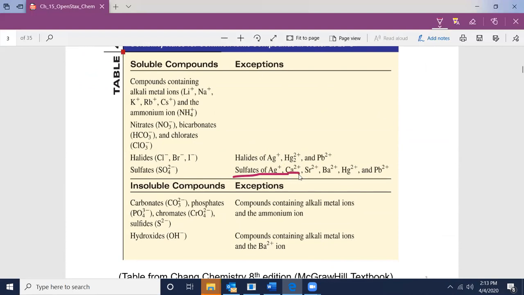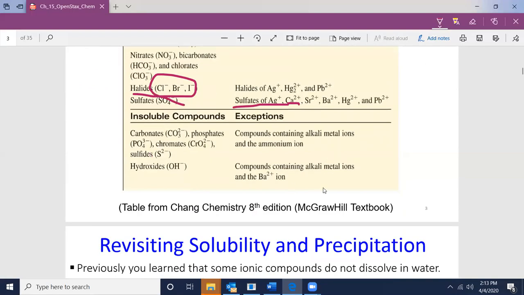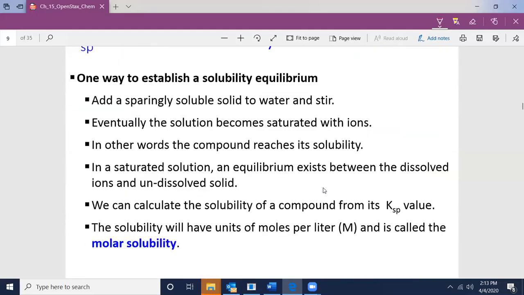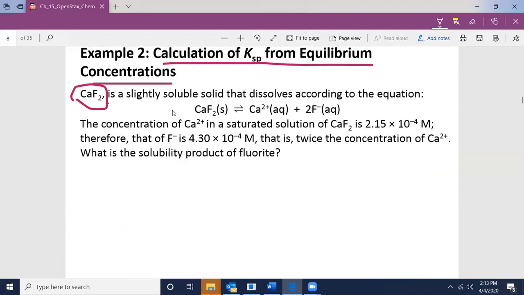Where calcium comes in with the halides, soluble compounds are halides, not fluoride: chlorine, bromine, and iodine, and so on. You can have your own solubility table, whatever is convenient for you. I do not mind if you had one earlier. So that is going to be the dissolution reaction, here, here, and here.